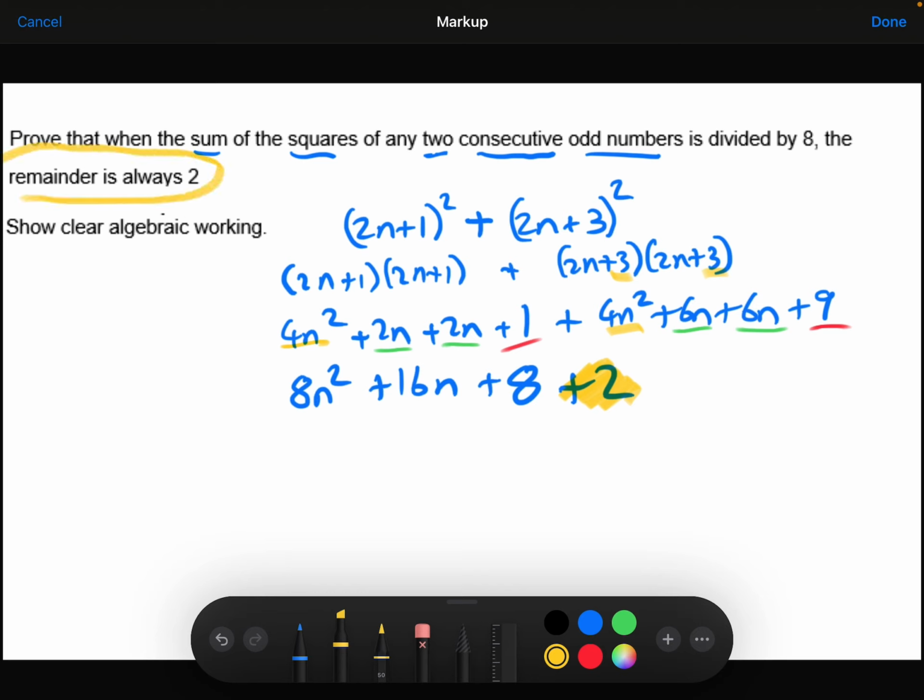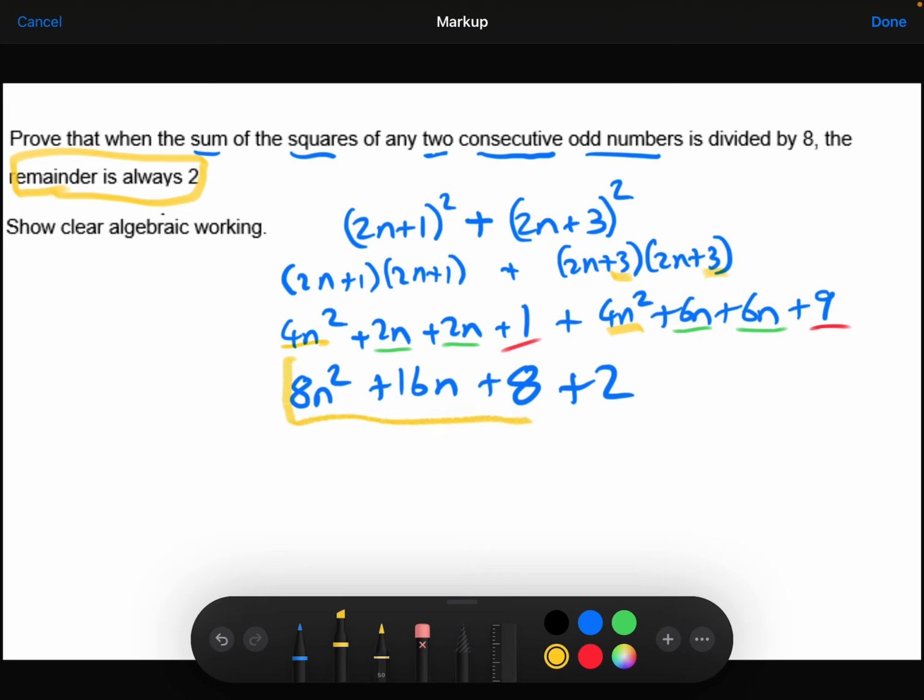The remainder is always 2. And this is divisible by 8. So by rewriting the 10 as 8 plus 2, obviously in a longer form, but it's going to be more useful to help me to show that the remainder is always 2.